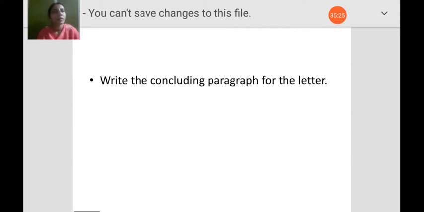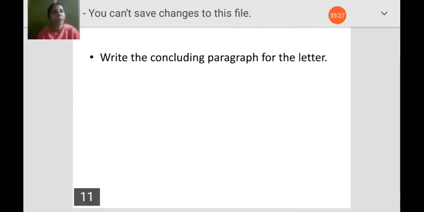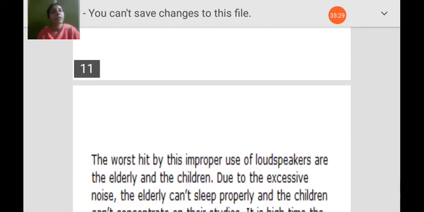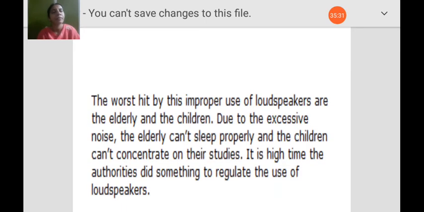I hope you have written the concluding paragraph. So this is: the worst hit by this improper use of loudspeakers are the elderly and the children.